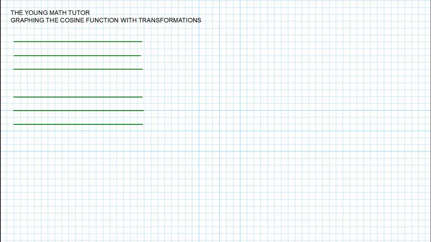So first, let's try to figure out the general graph of a cosine. At 0, cosine is 1, right? At pi over 2, cosine is 0.